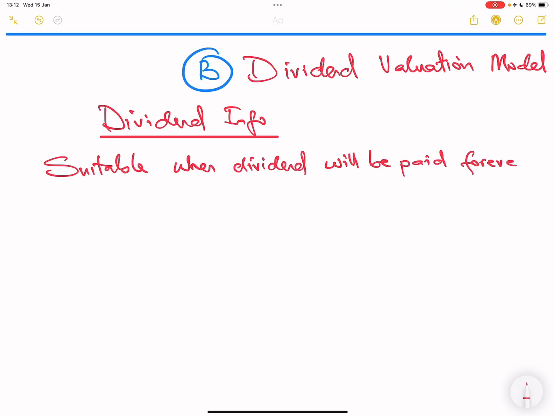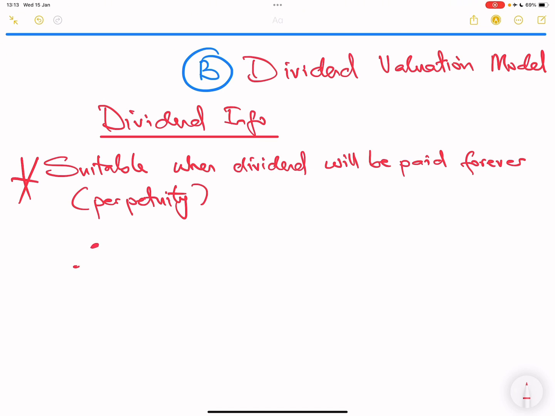That is for foreseeable future, in perpetuity. So talking of perpetuity here. If you remember, when we spoke about perpetual value under investment appraisal, forever perpetuity. And that's the same assumption that this model makes.